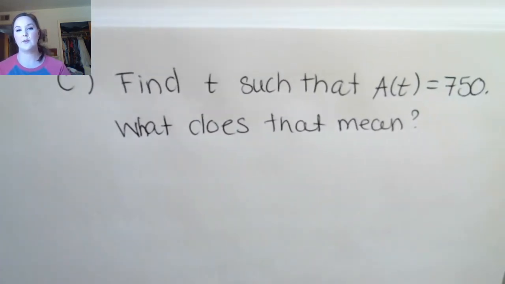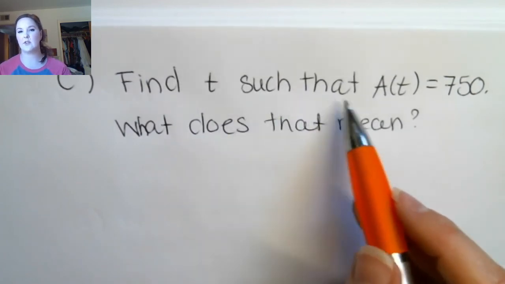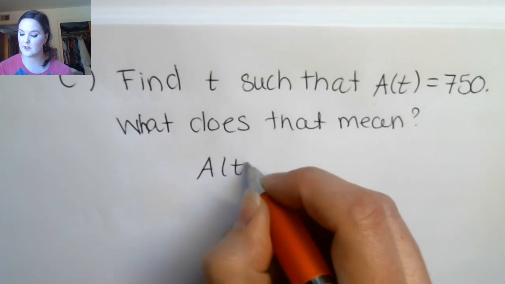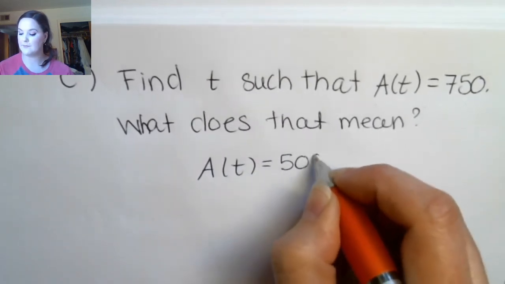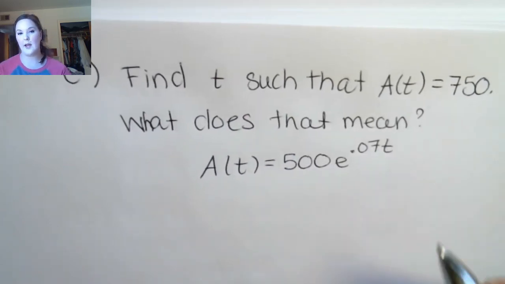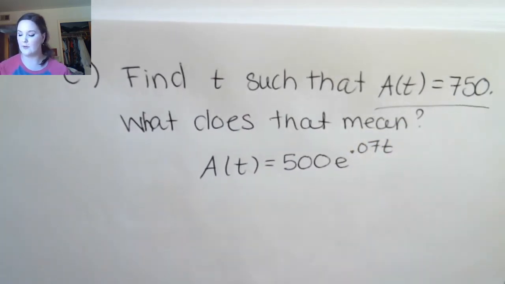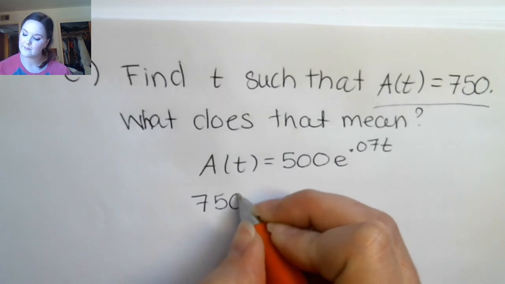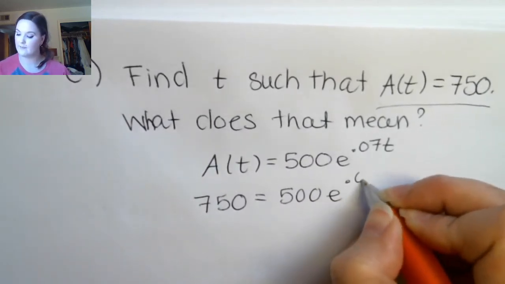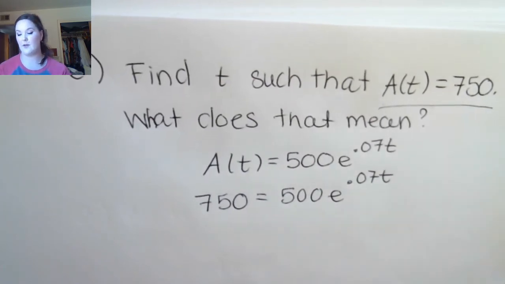We're going to find t such that A of t is 750. Remember our original equation looked like this, and we're going to plug in A of t equals 750. This is just like the exponential equations we were solving in the previous example.